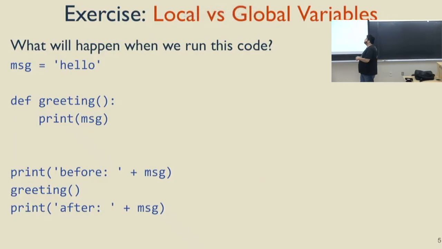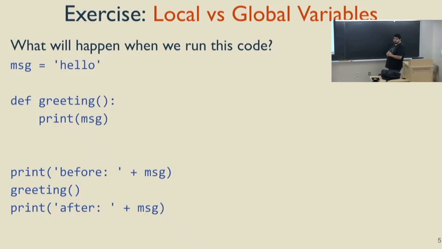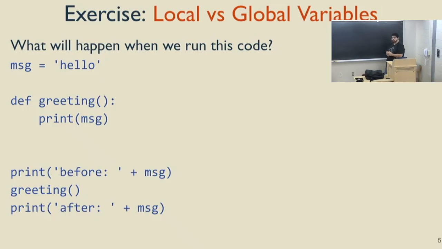What's going to happen when we run this code? Any guesses? What's it going to print?